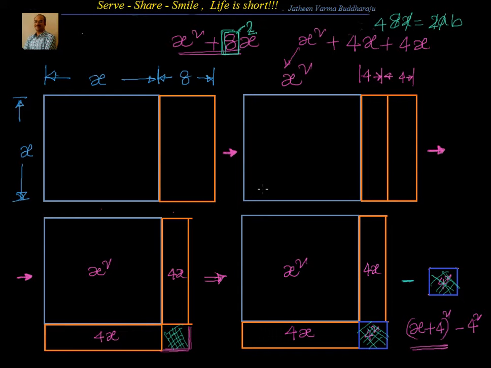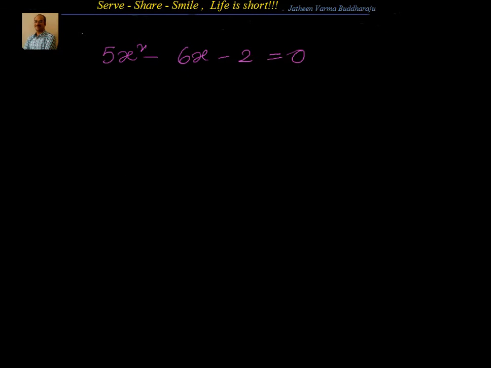Now let's look at one more example. Now why we have taken this example is, we see that the coefficient of x square is not 1. There are two ways of solving this problem.